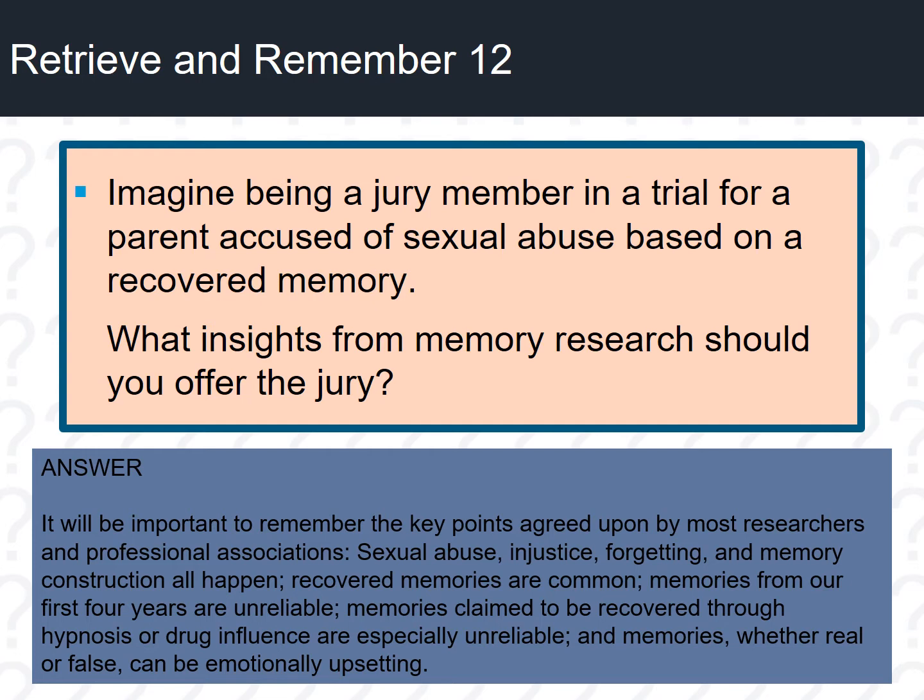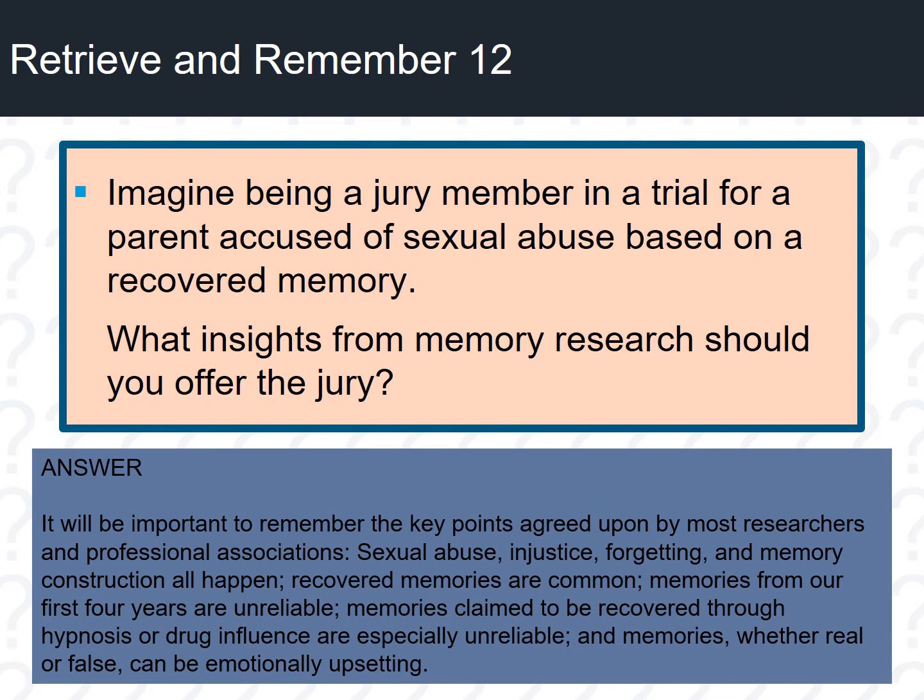It will be important to remember the key points agreed on by most researchers and professional associations. First, sexual abuse happens. Injustice happens. Forgetting happens. And memory reconstruction happens. Recovered memories are common. Memories from our first 4 years are not very reliable. Memories claimed to be recovered through hypnosis or drug influence are especially unreliable.